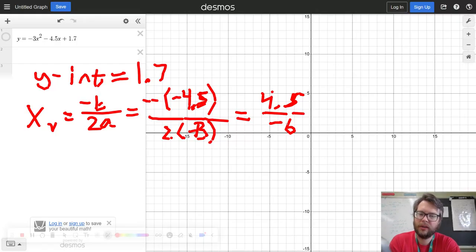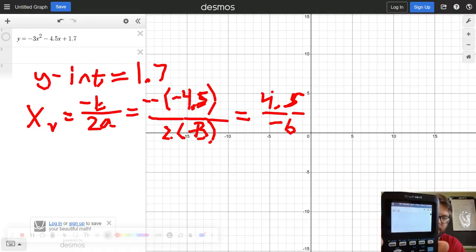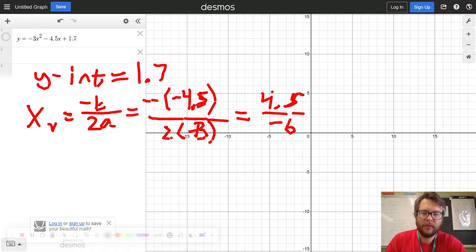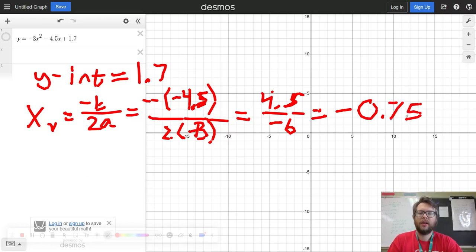If you want, you can type that in. So when I typed it, I got negative 0.75. Negative 0.75. I take that and I plug it in. So watch how I type it in to the equation.